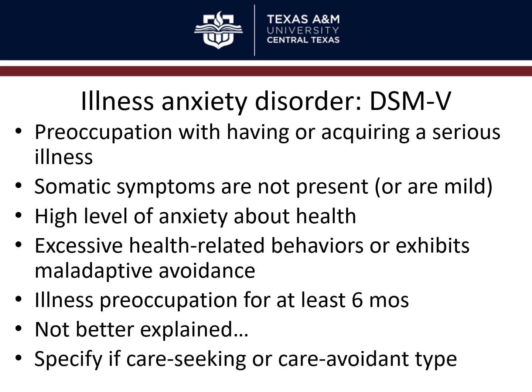And then you specify if they're the care-seeking type or the care-avoidant type. So that goes back up to that one about excessive health-related behaviors, seeking doctors, or the maladaptive avoidance. So you specify which one, because the idea being that the course of the disorder and possibly the treatment of the disorder will be different depending on which typology we're looking at.